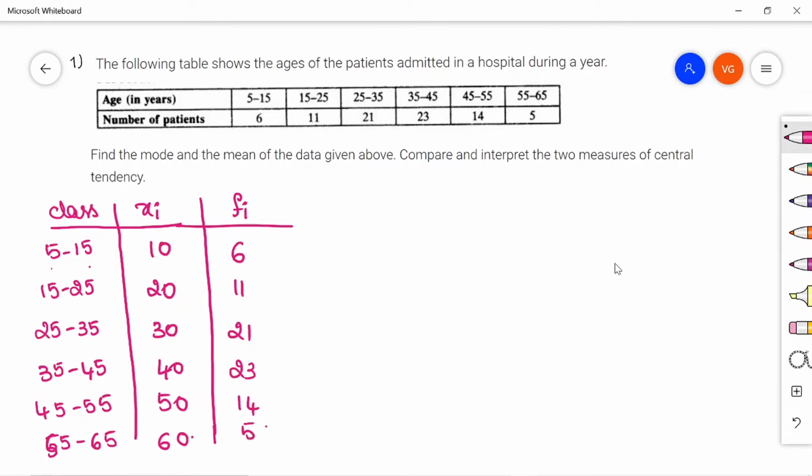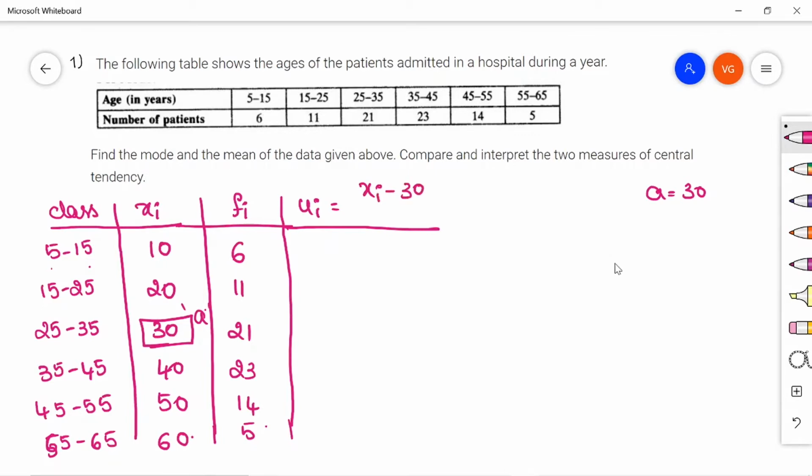Now we have to assume the mean A. I am taking the value 30 as my assumed mean, A is equal to 30. Now we have to calculate ui, that is nothing but (xi minus A) divided by h. For class size, h is equal to 10.